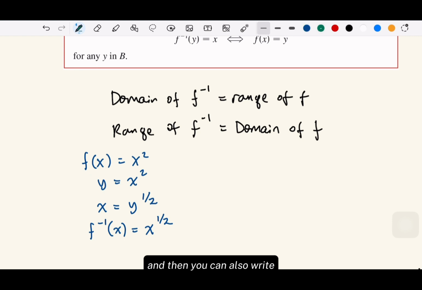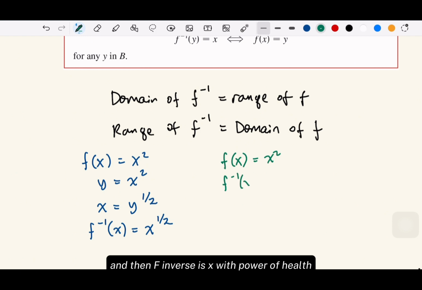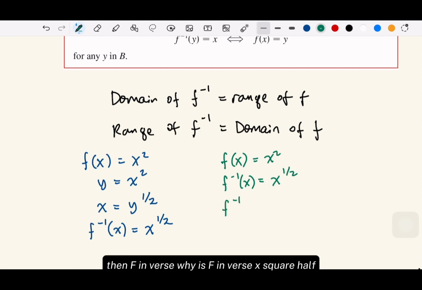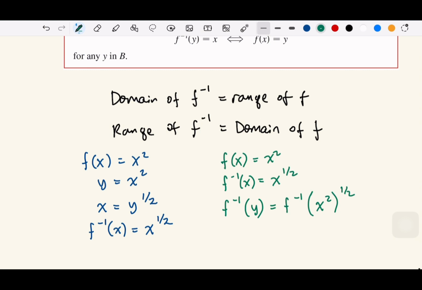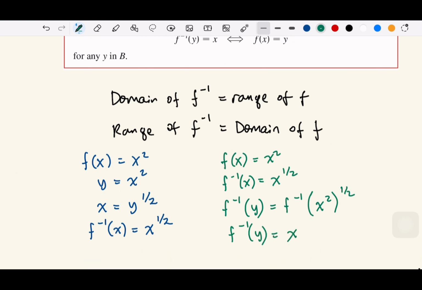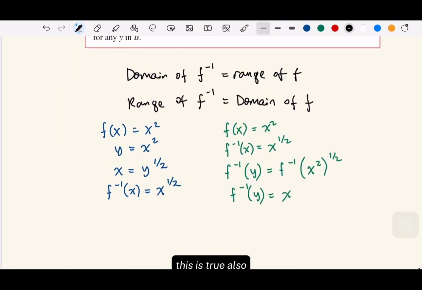And then if f of x is x squared and f inverse is x with power of half, then f inverse of y is y to the half, which gives you back the x. And this is true also.